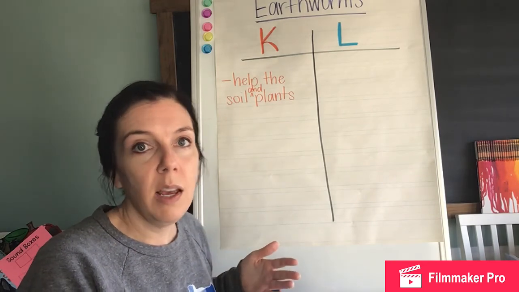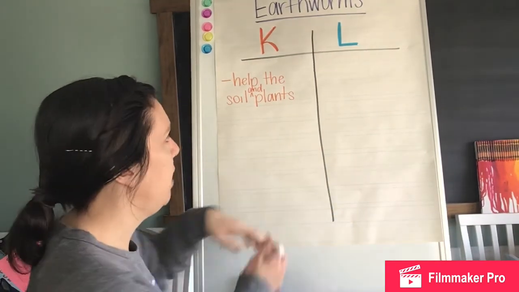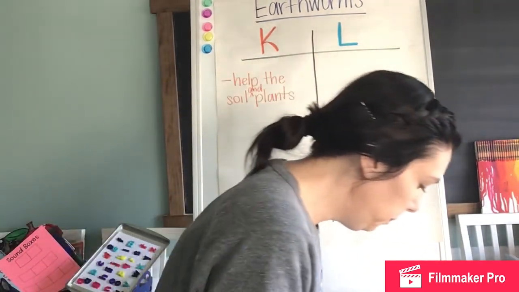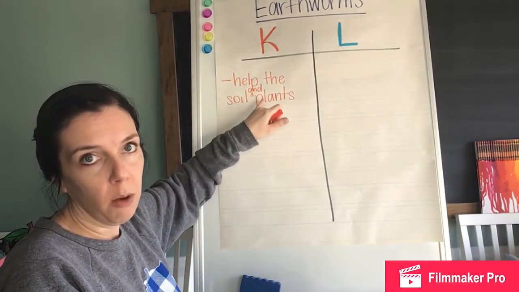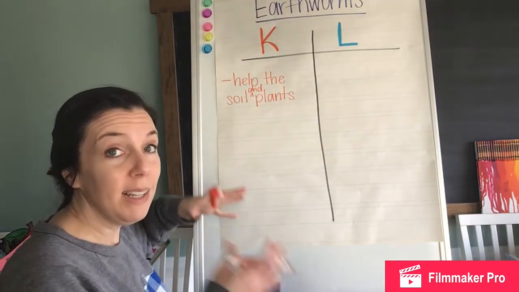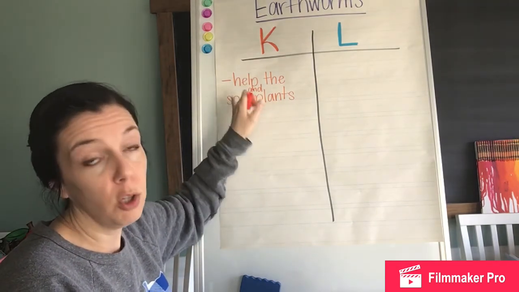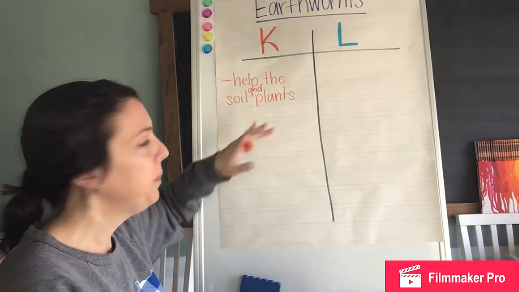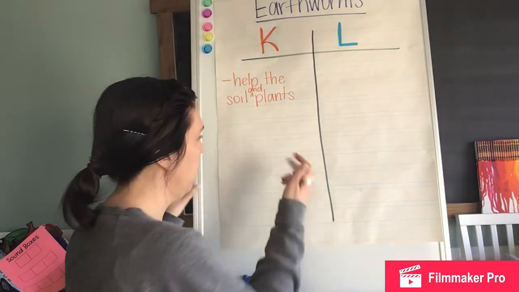So when I go to do my writing, and I'm just going to write on top of this line right here, but I'm going to take this piece of information, this little dash fact that I already knew, and I'm going to put it in a complete sentence by saying, earthworms help the plants or the soil and plants, okay? And then all that does, that one word, puts it into a complete sentence.